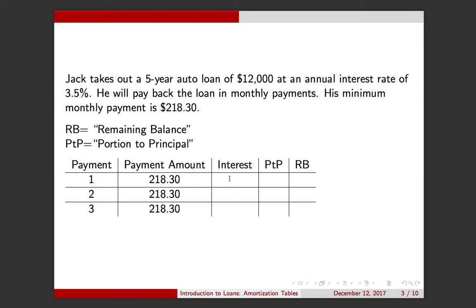One piece will be interest that is just pocketed by the bank. The other piece, which is called the portion to principal, that piece of the check goes towards paying down the loan. This final column, remaining balance, that just means how much money you still owe on the loan after this payment is made.